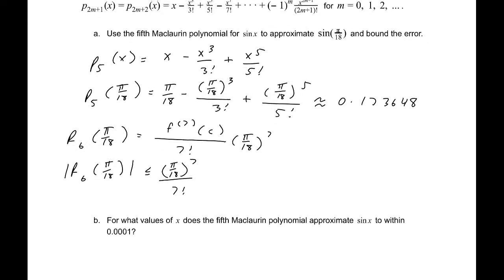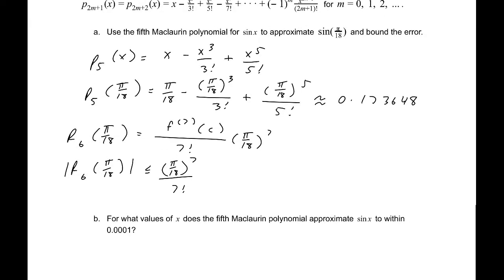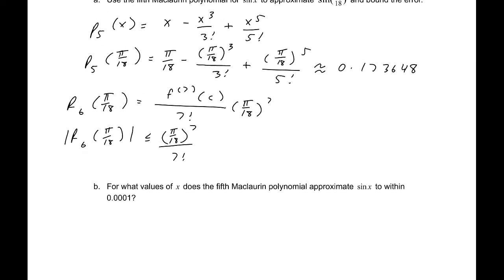Now, next question, for what values of x does that Maclaurin polynomial approximate sine x to within 0.0001? Well, for any general x, we know that our 5th Taylor polynomial gives us this: 1 over 7 factorial, absolute value of x to the 7.